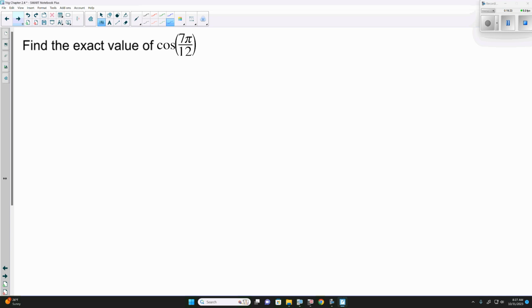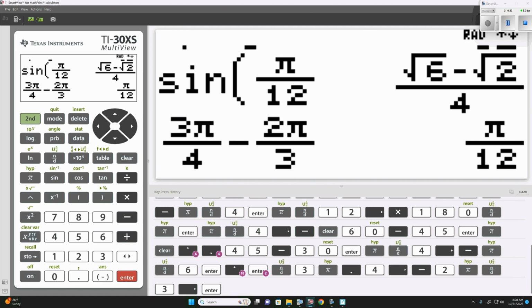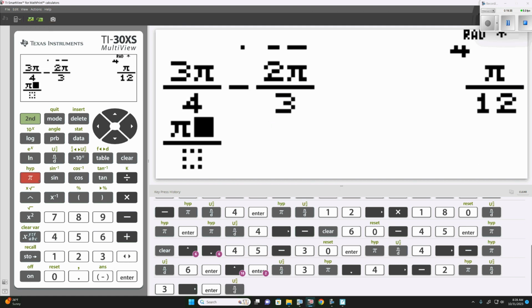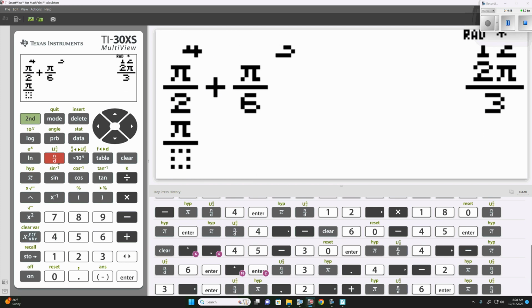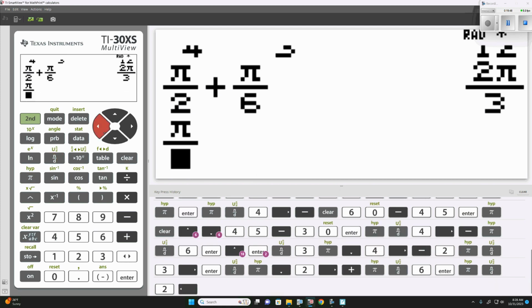Seven pi over 12. So most likely we're going to be adding. Pi over 2 plus pi over 6. That didn't work. Pi over 2, well, we can't use 2 and 4 because that's just going to be 4.